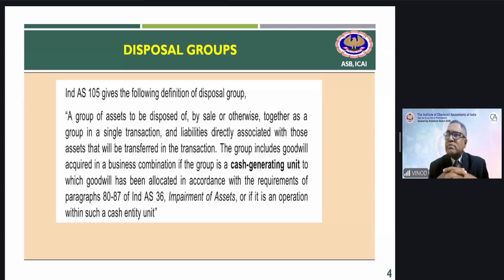Maybe there's a loan to it, so there could be net assets. There could be inventory in that. Current assets would be there. Loans and advances could be there. Investments could be there. So there could be a lot of items in a cash generating unit. So the entire CGU you want to sell, that is what is called a disposal group.